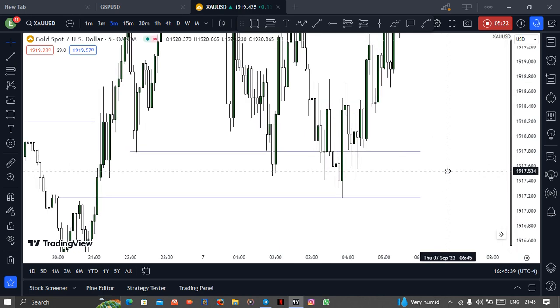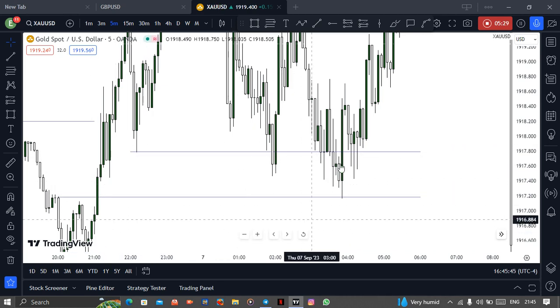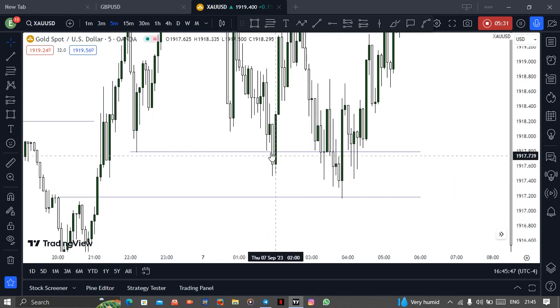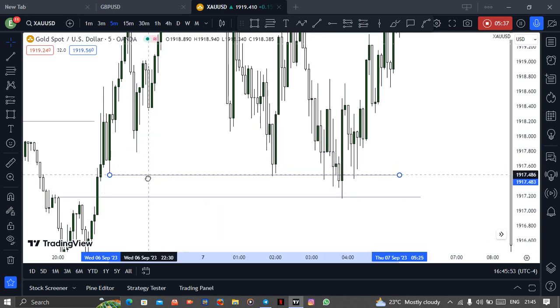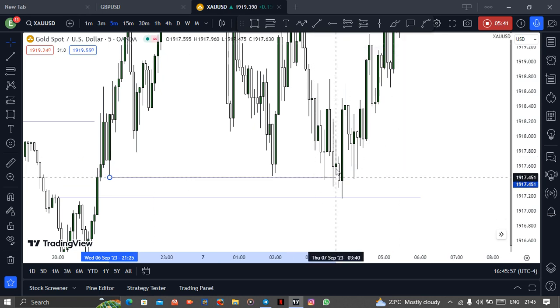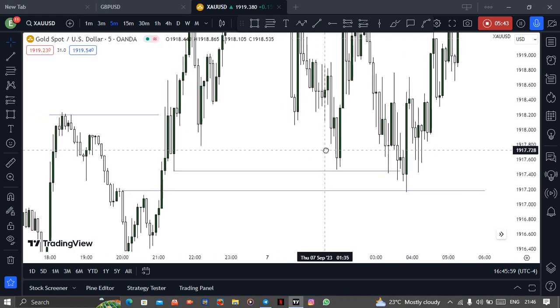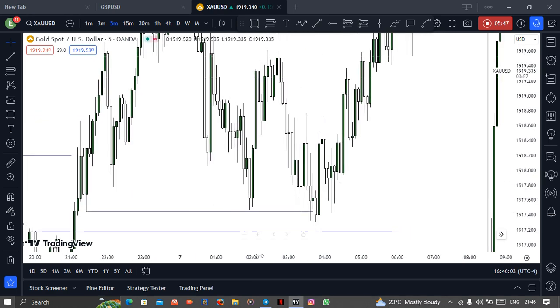Okay, so this is the 5 minutes time frame. We had this sell side liquidity here taken out inside the 1 hour fair value gap. Inside the 1 hour fair value gap, we had liquidity being created. Now this is also liquidity. So we took out the sell side plus the 1 hour fair value gap.